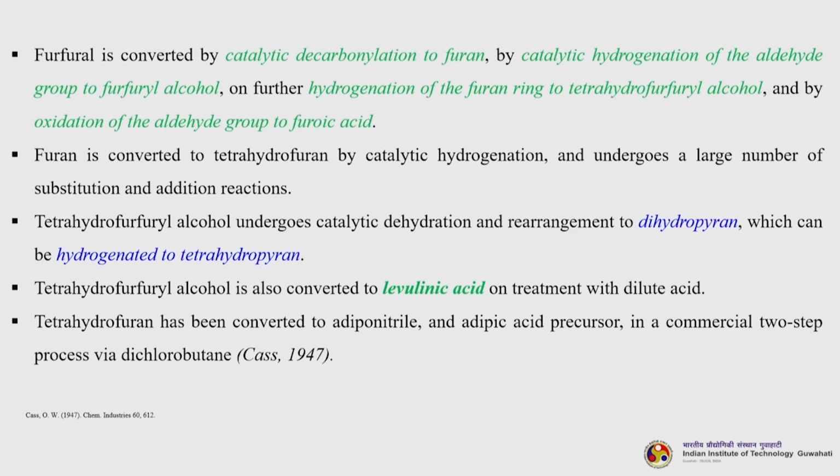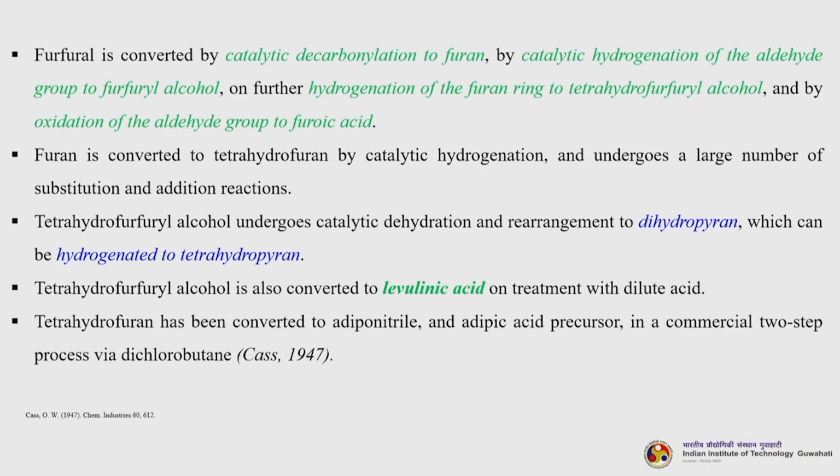Now, furan is converted to tetrahydrofuran by catalytic hydrogenation and undergoes a large number of substitution and addition reactions. Tetrahydrofurfuryl alcohol undergoes catalytic dehydration and rearrangement to dihydropyran, which can be hydrogenated to tetrahydropyran.